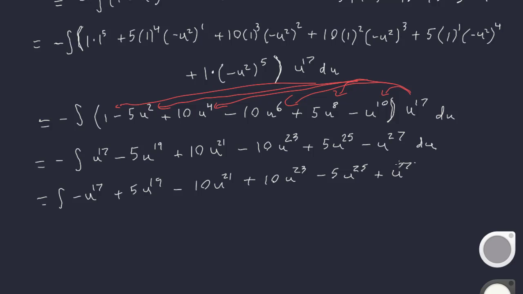So yeah, this stuff can get really out of hand really fast. But we're almost done. Now we just integrate all this, but it's all power rules now. Okay? So it'll be negative u to the 18th over 18. Plus, it'll be 5u to the 20 over 20. So this one will actually simplify all right.